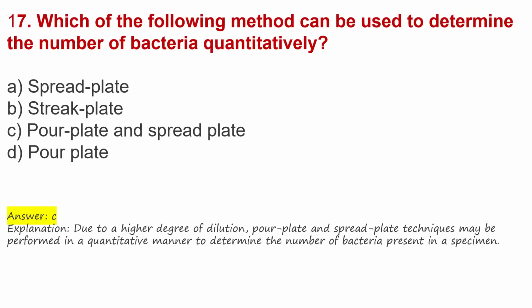The answer is C, pour plate and spread plate. Due to the higher degree of dilution, pour plate and spread plate techniques can be performed in a quantitative manner to determine the number of bacteria present in a specimen. These are the two methods used in quantitative determination of bacteria in a specimen.